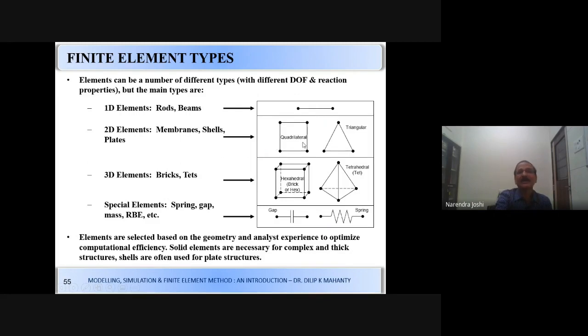Membrane and shell elements are used, for example, in power plants, like pressure vessels, heat exchangers, all those things. Brick elements are used for solid calculations, and there are some special elements, strain, gap. Any kind of problem we have in real life, we can represent with these elements and the connectivity.